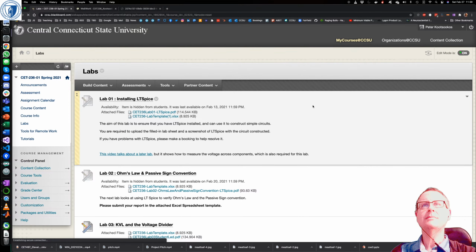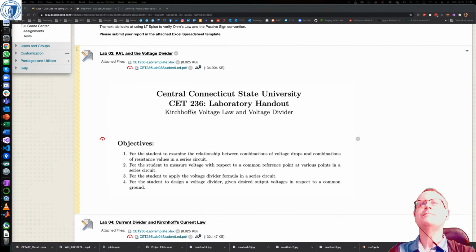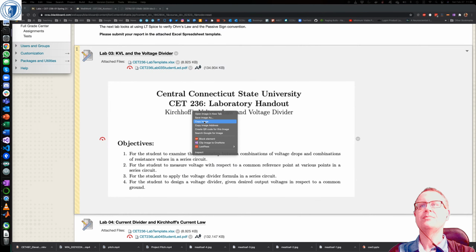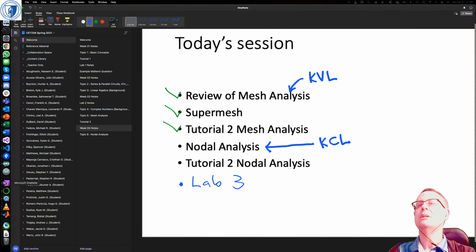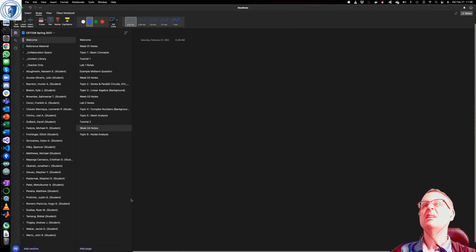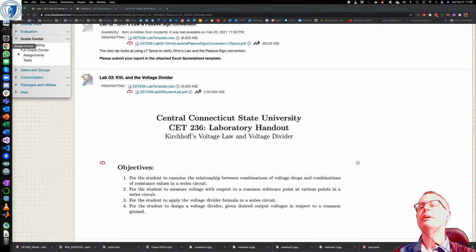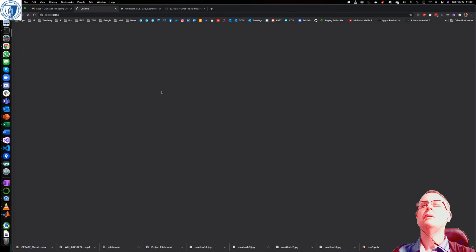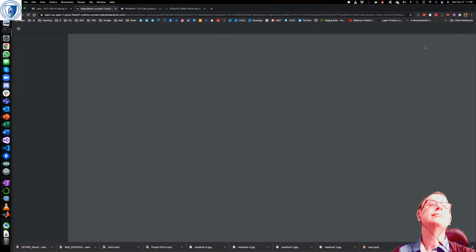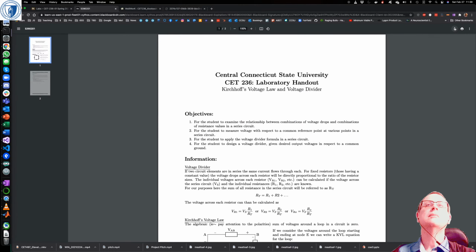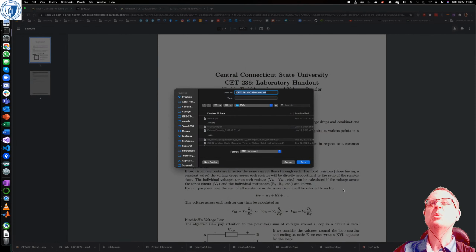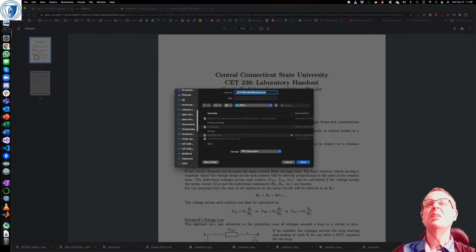Okay, so lab 3. Let's copy that over into here, and I might download the actual lab paper as well, and I'm going to put that just in my downloads folder.